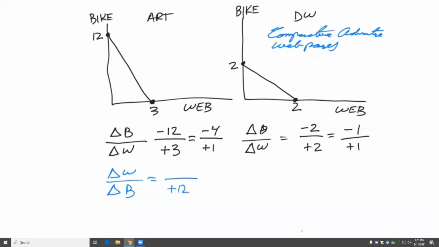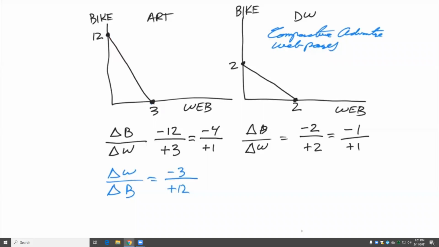What's that going to cost us? Well, we're going to have to go down from 3 to 0 web pages. So there we are. 12 bike repair cost us 3 web pages.